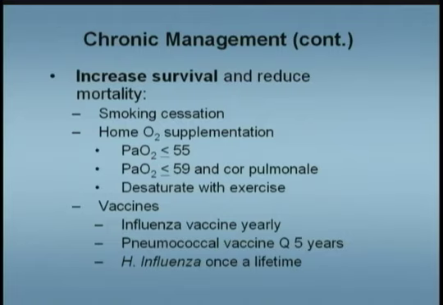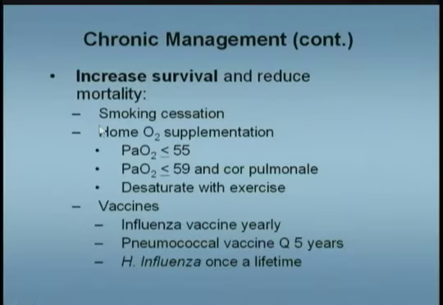And the second one, if they have significant hypoxemia, they get home oxygen supplementation. The home oxygen supplementation is basically there to reduce the pulmonary hypertension that's associated with the hypoxemia and the hypercapnia.